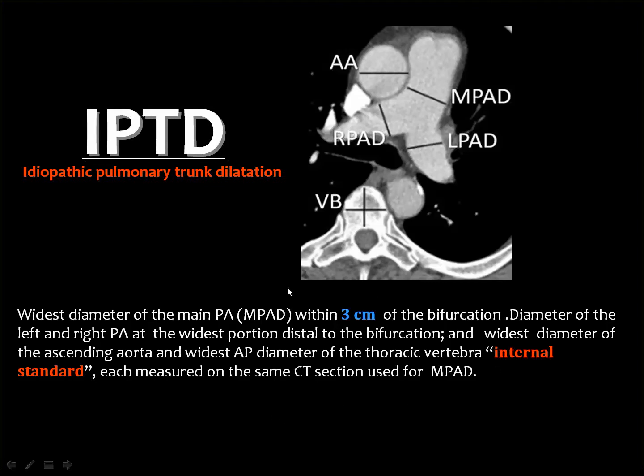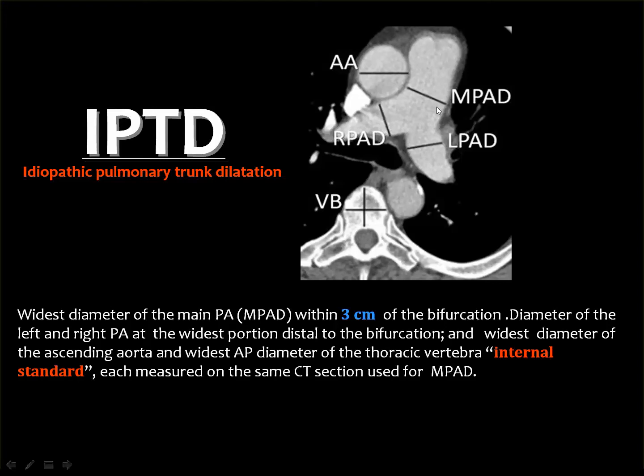Then we used to measure the caliber of the pulmonary artery in the axial section, which shows the trunk as well as the right and the left main branches. And we measure a distance about 3 centimeters from the pulmonary artery bifurcation.